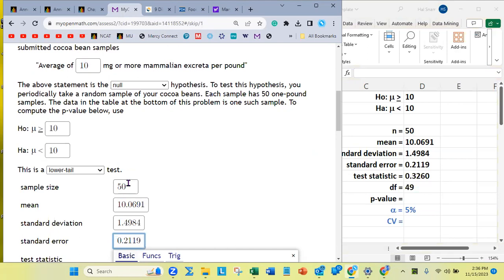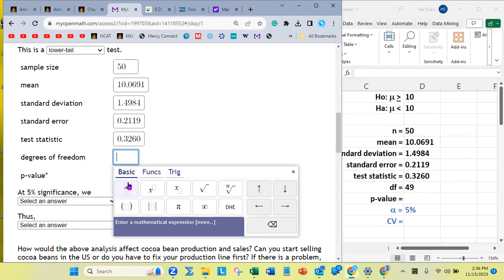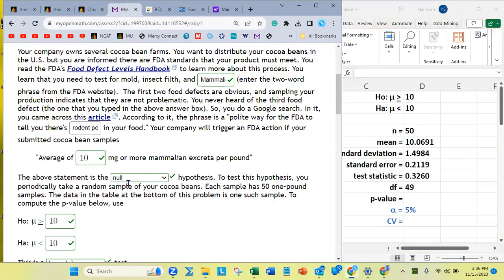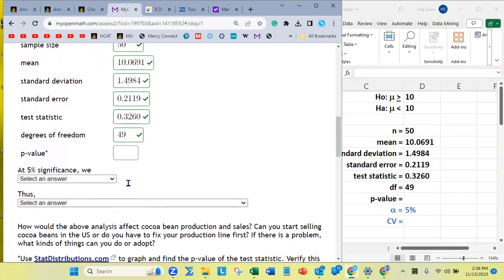That's the estimated standard error, not the actual standard error. It's the estimate of it because we don't know the population standard deviation. My test statistic is 0.3260. And my degrees of freedom are 49. Again, 50 minus 1. I'm going to hit enter. And it looks like I got everything correct so far.